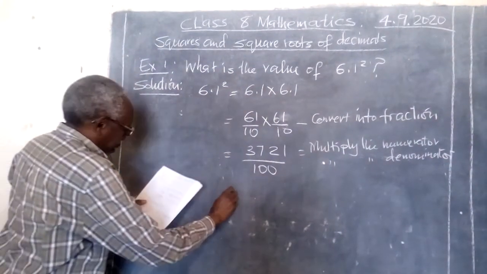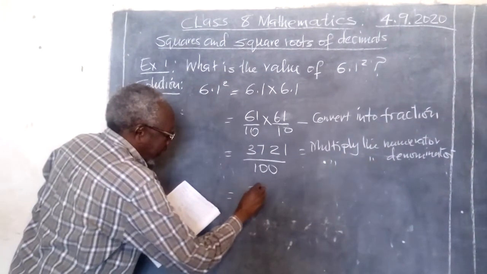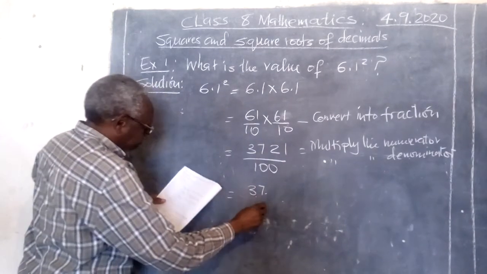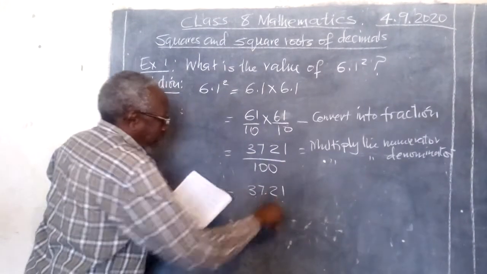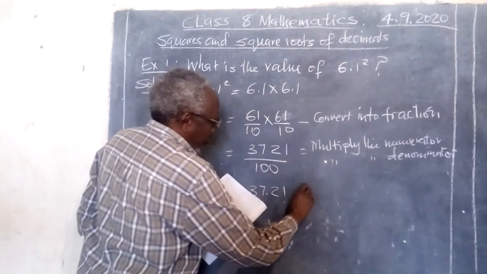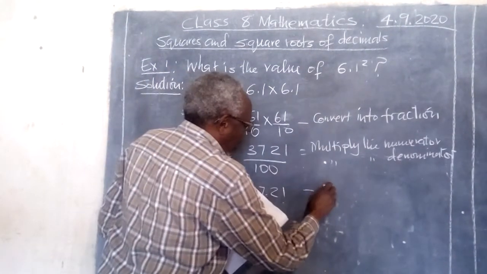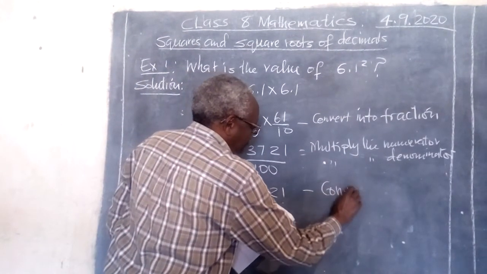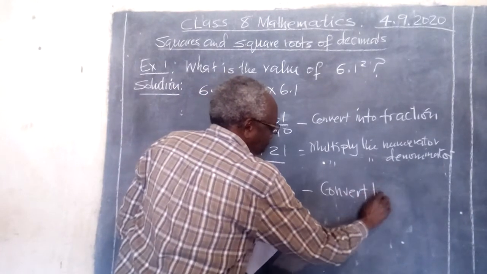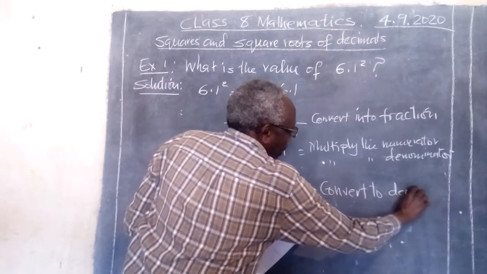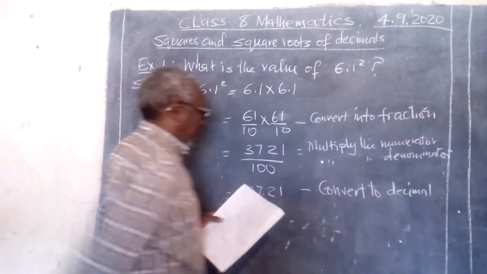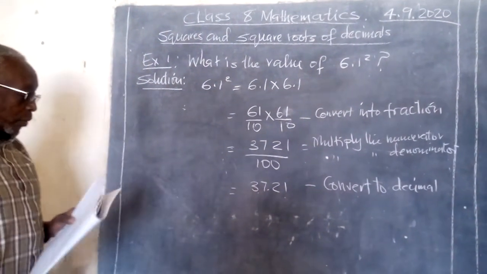And then our answer becomes here 37.21. And this is converted to a decimal. So that's our first example.